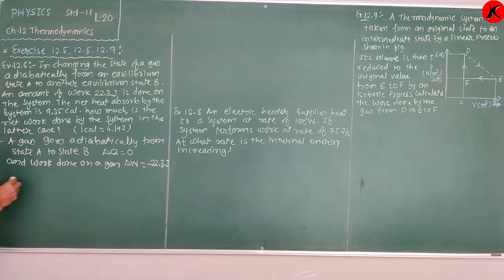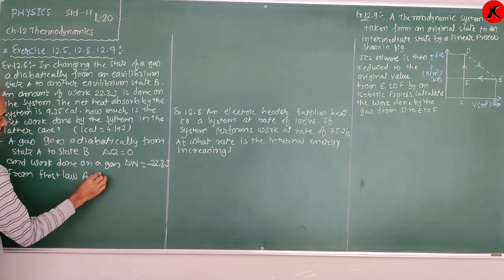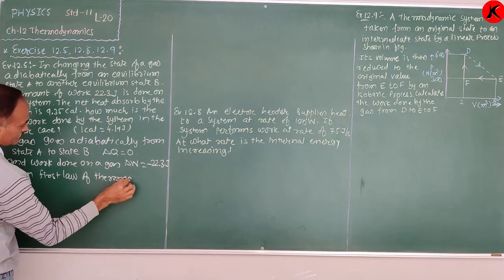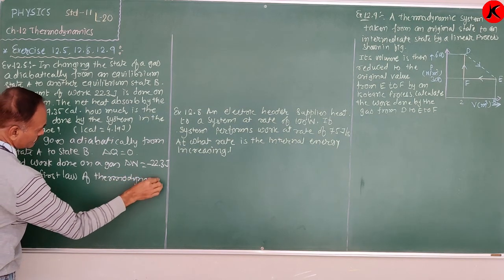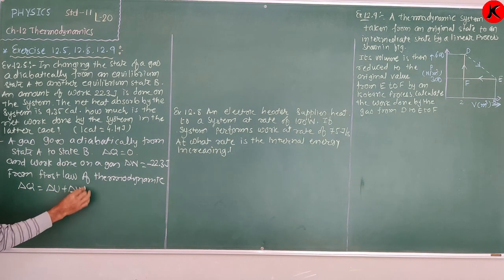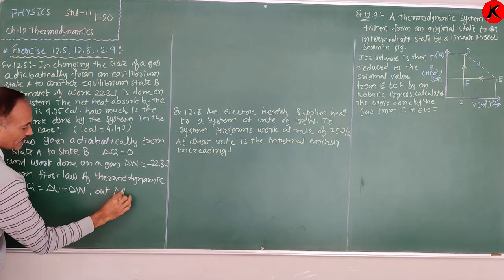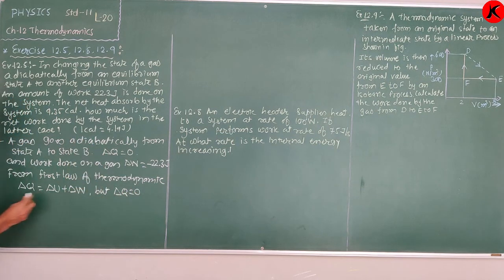Therefore, from the first law of thermodynamics, delta Q is equal to delta U plus delta W. But the process is adiabatic, therefore delta Q is equal to 0. Therefore 0 is equal to delta U plus delta W.